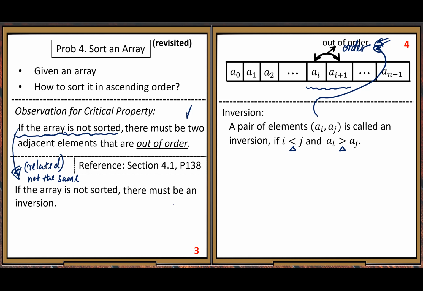Why not the same? Because in the above, we mentioned the adjacent element. Here, we do not, we just say arbitrary inversion, right? Because in our definition of the inversion, i, j are not necessarily adjacent.